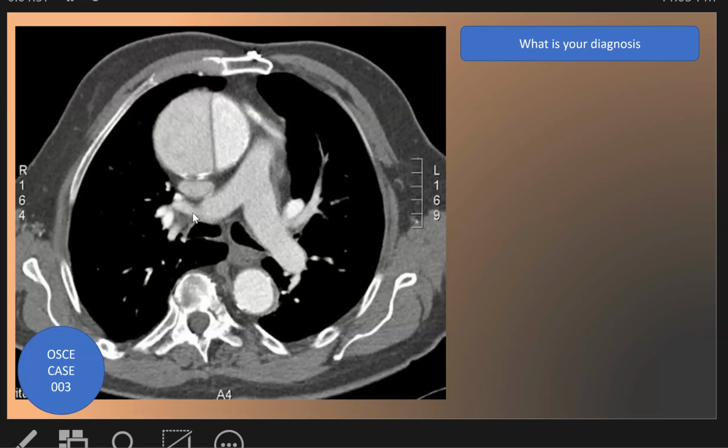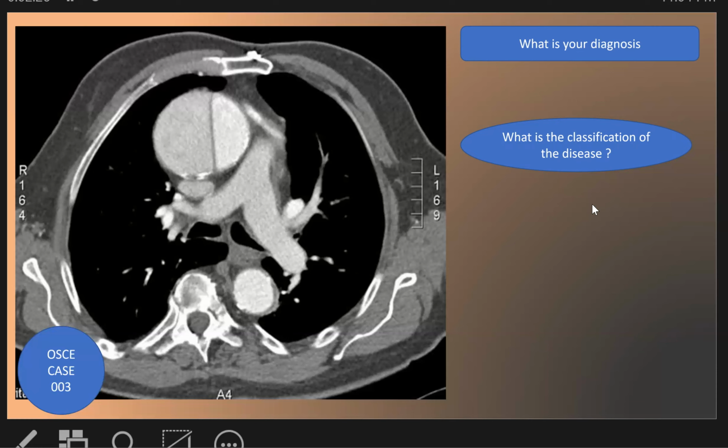As we see here also dilatation of the ascending aorta. Normally we accept up to 3.5 centimeters, and here it is more than 3.5 centimeters. What is the classification of the disease? We have two classifications.